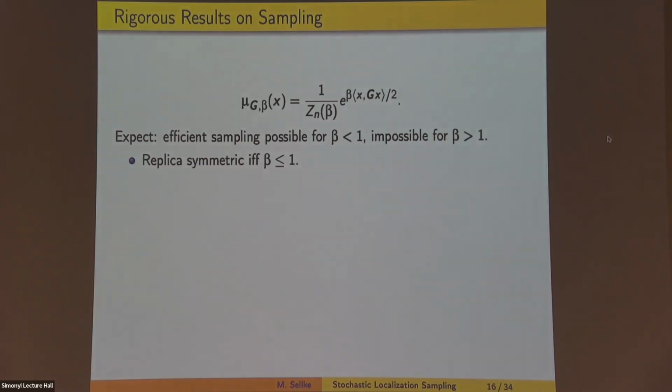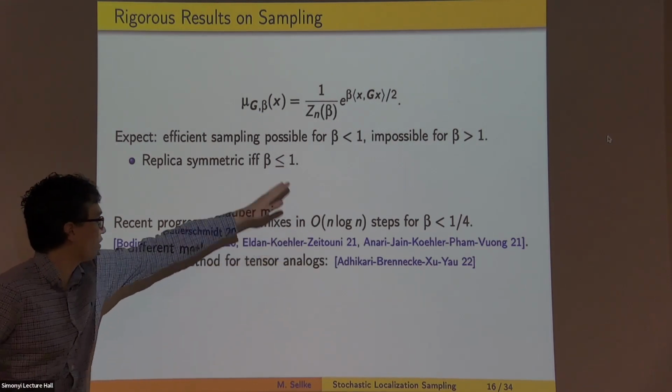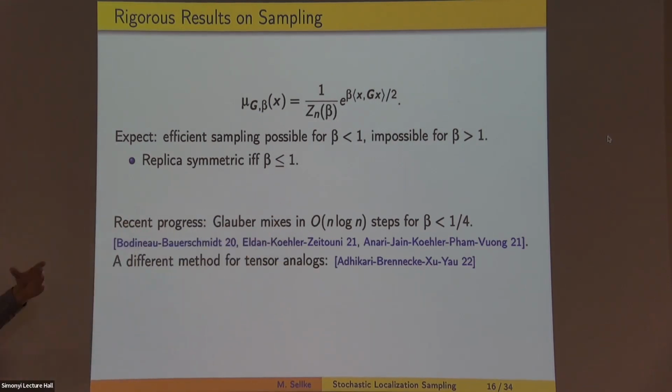Yeah, so the previous results were basically for Glauber dynamics, and they were getting fast mixing for beta which was not too far off from what's expected, but there was some gap. I think you expect that Glauber dynamics should work in the full high temperature regime, but it seems difficult to prove. So this is a different sampling algorithm, but the guarantee is a little weaker in some sense, but better in some other sense.